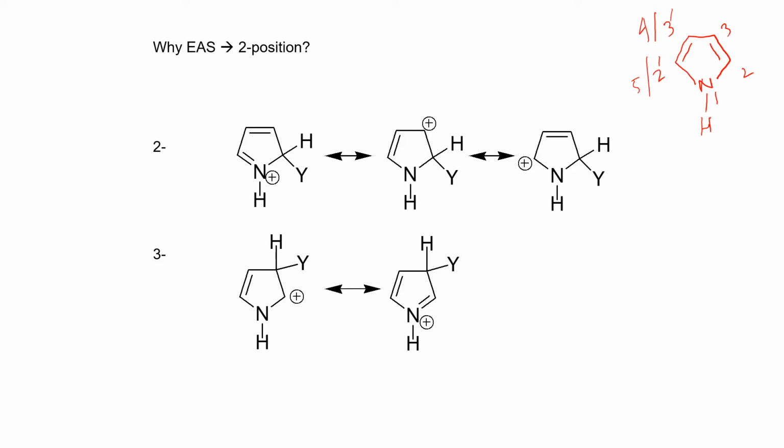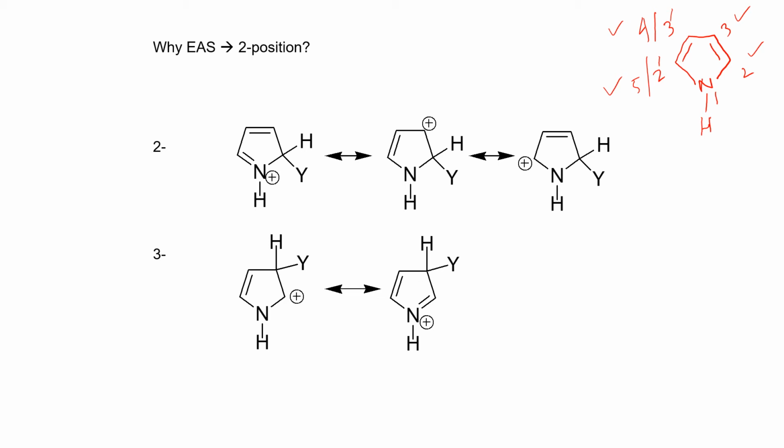As pyrrole is an aromatic compound, like other aromatic compounds, pyrrole also undergoes electrophilic substitution reaction. During electrophilic substitution reaction, which position of pyrrole will be preferred by an electrophile? In the resonance contributors of pyrrole in the previous slide, we saw that electron density increases at 4 positions, that is at the 2, 3, 4 and 5 positions of pyrrole when nitrogen shares its lone pair of electrons with the ring.